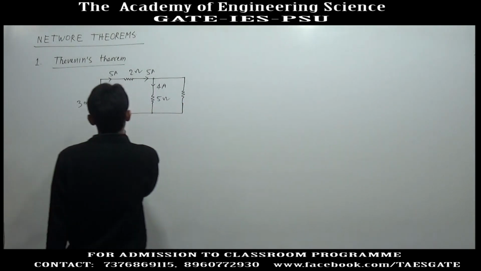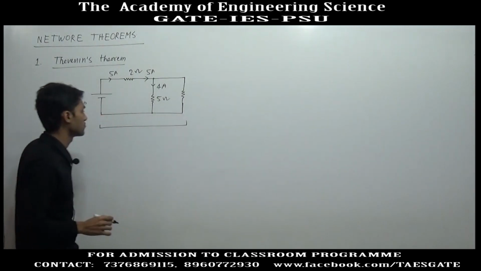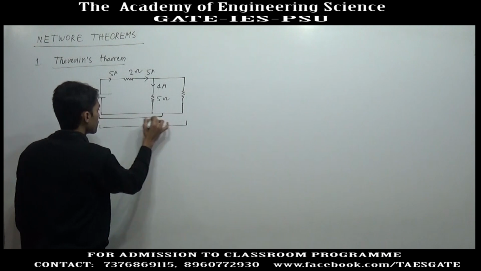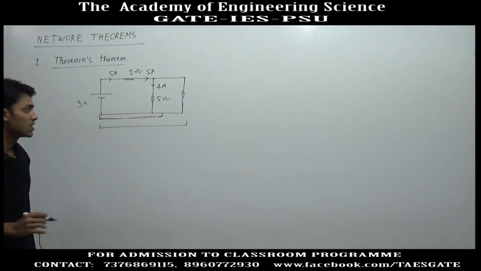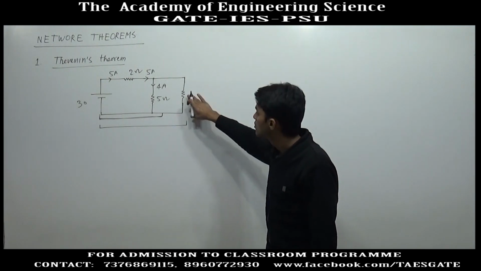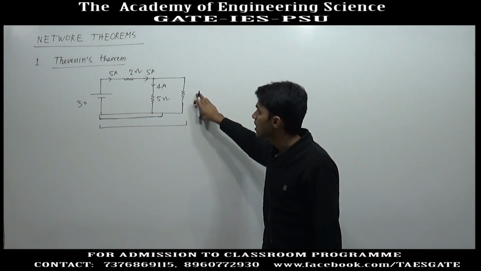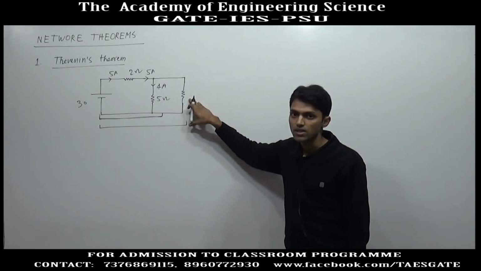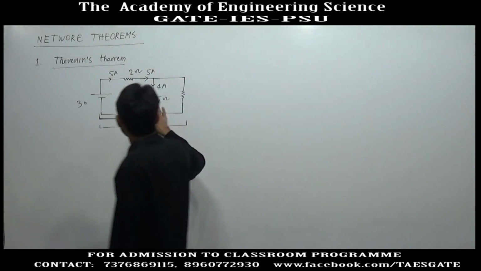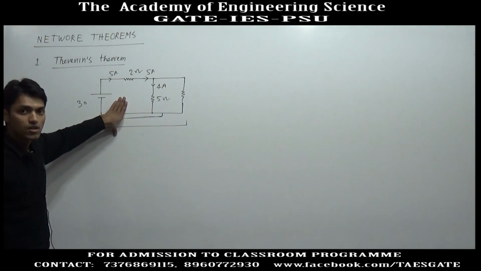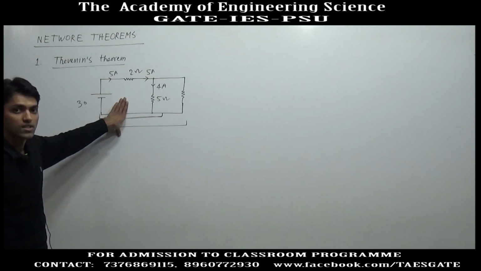This is a very common practical situation, that a bigger part of the circuit is fixed, and depending upon the practical requirement, the load resistance is being changed, and each time you have to calculate the current through the load resistance. And if you solve this circuit by the conventional method, each time you will have to solve the whole circuit.